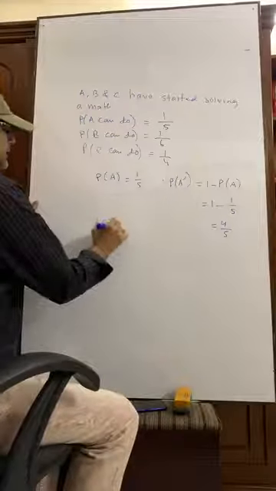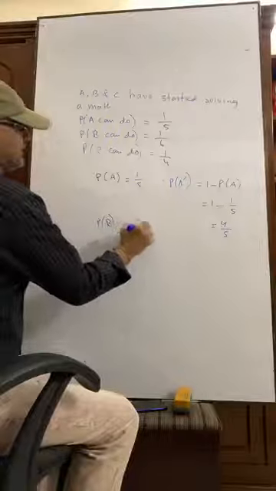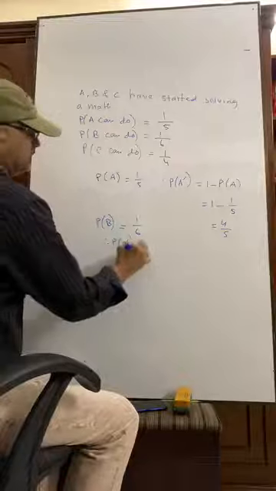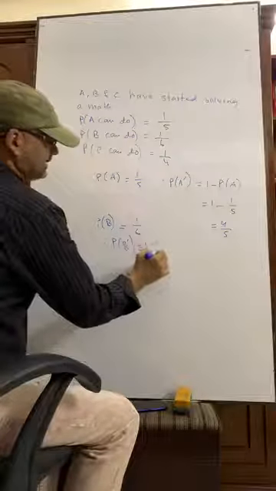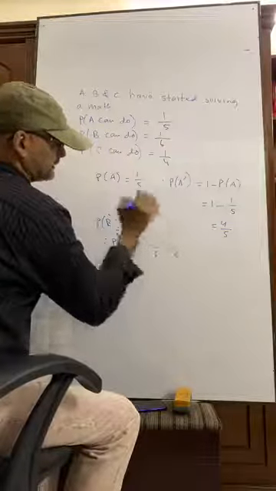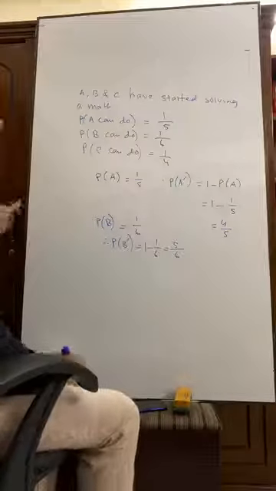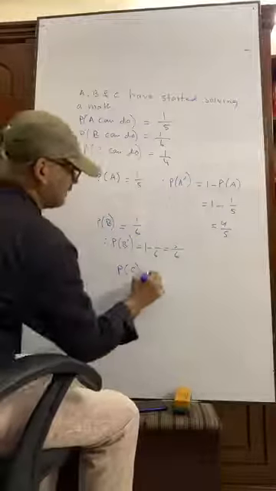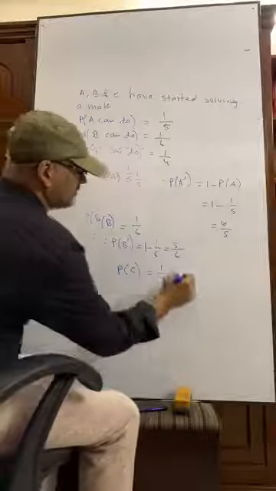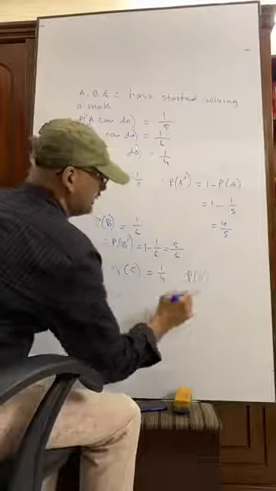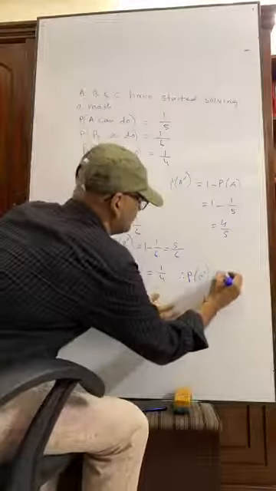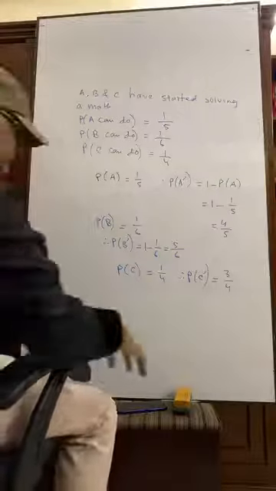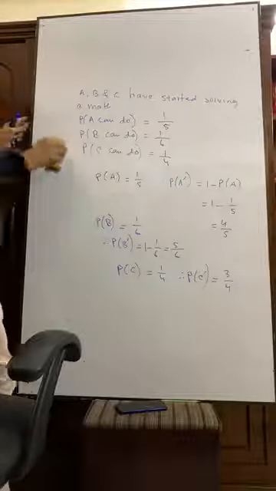P of B is given as 1 by 6, so P of B prime is 1 minus 1 by 6 equals 5 by 6. Probability that C can do the math is 1 by 4. Similarly, P of C prime will be 3 by 4.